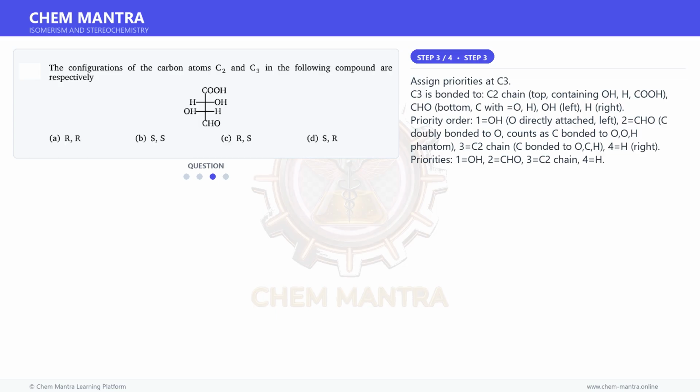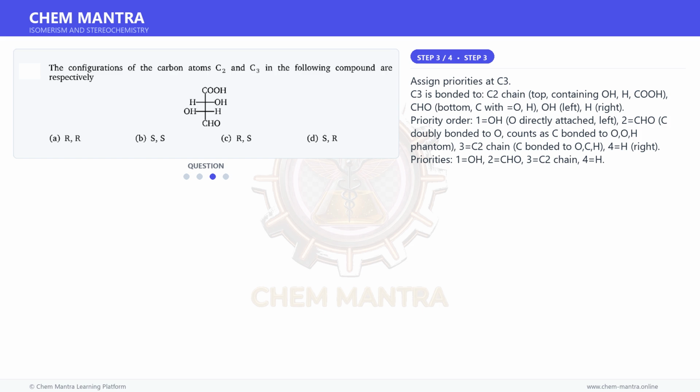Assign priorities at C3. C3 is bonded to C2 chain, top, containing O, H, Cu, CHO, bottom, O, H, O left, H right.